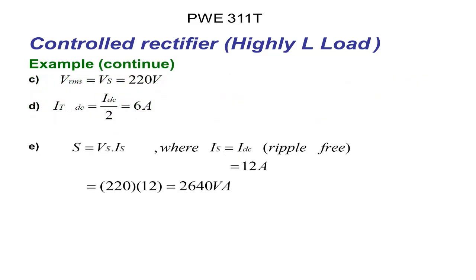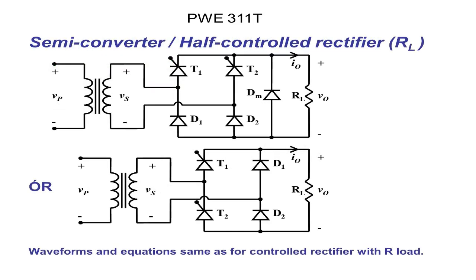Now also the power of the transformer, or the source power, VS IS, where IS is IDC for ripple free, highly inductive load. So we can multiply 220 by 12 to give you 2,640 volt amperes. Okay, you get that?